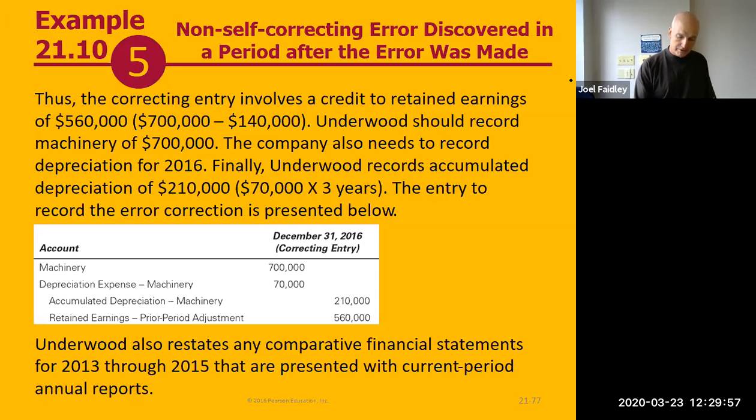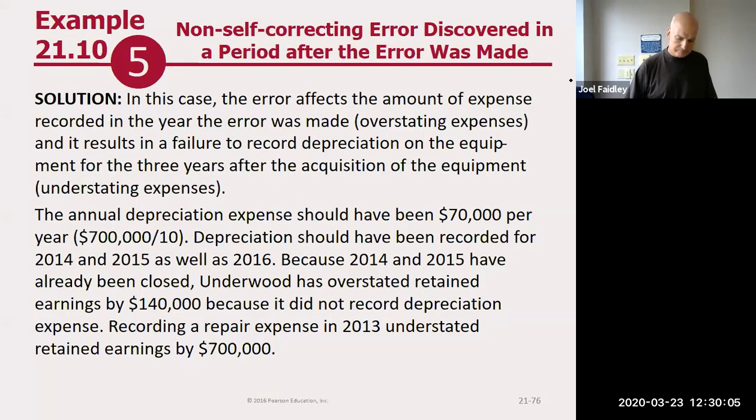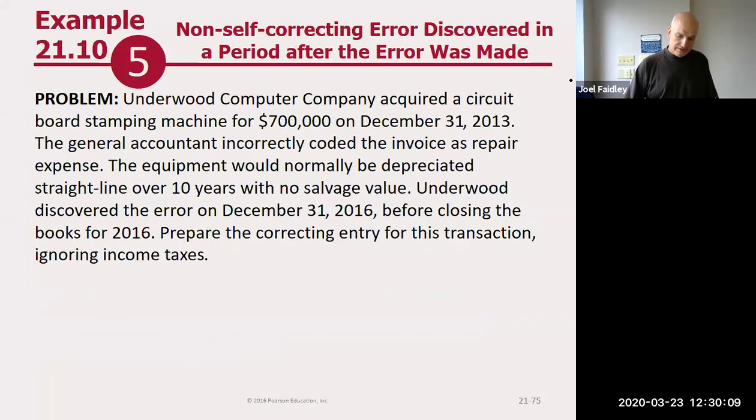Depreciation expense for 1 year, right? Accumulated depreciation, what is this, 3 years? What did I miss? Oh, they changed the date. All right, this is different. December 31, 2013, and then they don't find out about it until December 31, 2016.